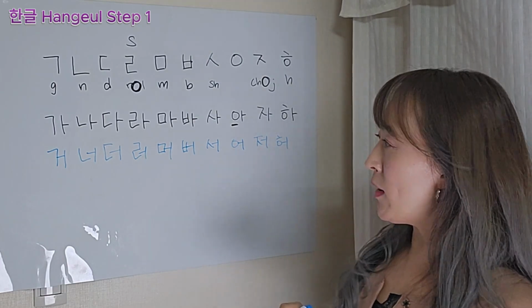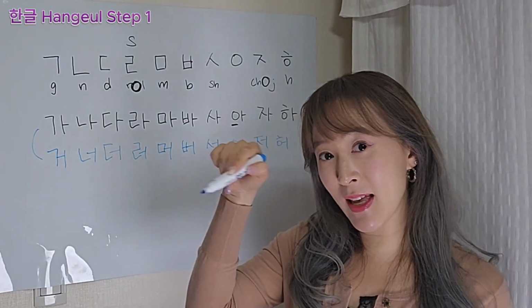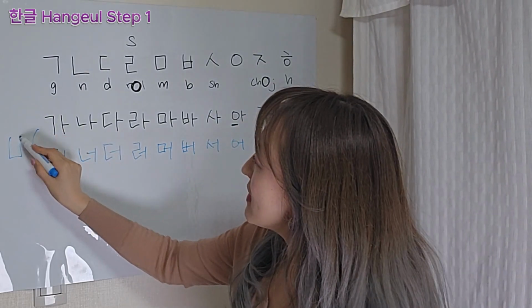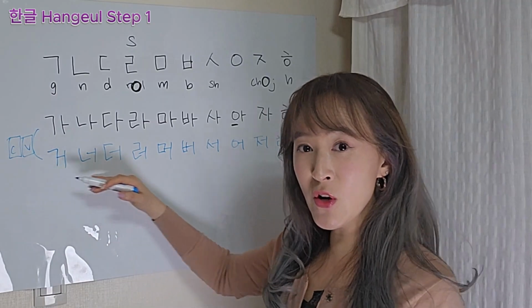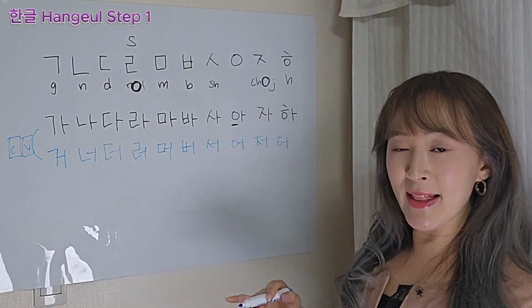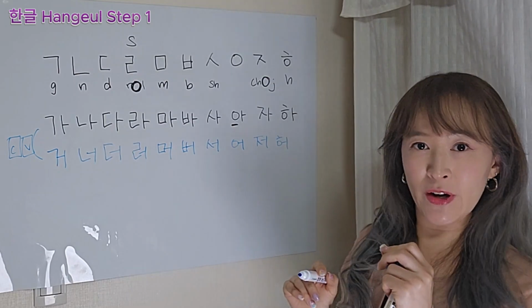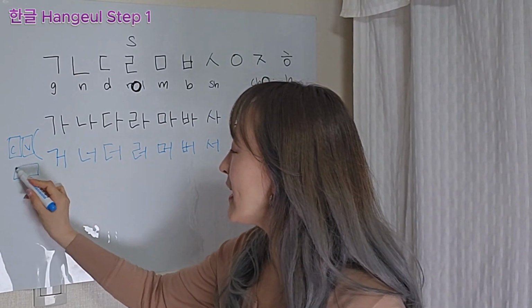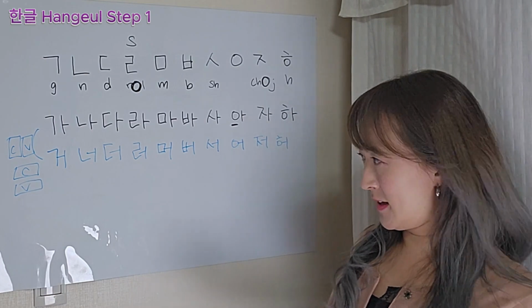Okay, so now we will look at O. Remember when I said the box, the consonant is here and the vowel is here? This is the first box form, and this O will actually go to the bottom of the consonant. So it'll be the second format of the box.